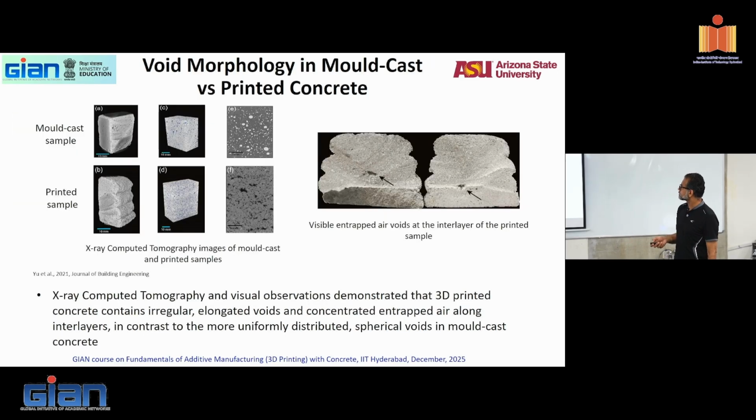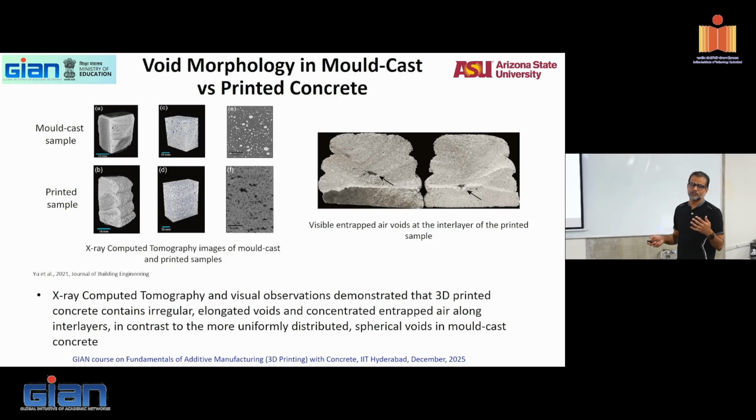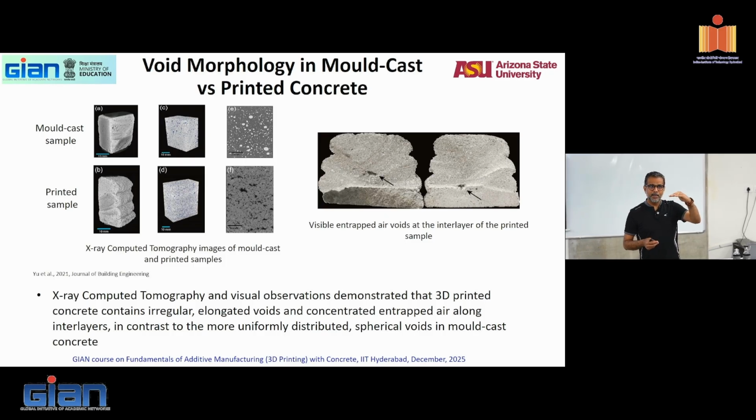Again, void morphology in cast concrete versus printed concrete. You can see here visible air voids at the inner layer. Some of those you can really control by doing good mix design, good compaction, doing what everybody does, a nozzle overburden pressure, making the nozzle squish the layer a little bit while it flows so that the depth of the layer is slightly smaller than the width of your layer when you extrude out of a nozzle, so that overburden pressure just squeezes it a little bit.